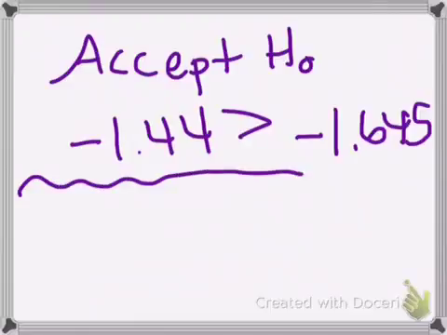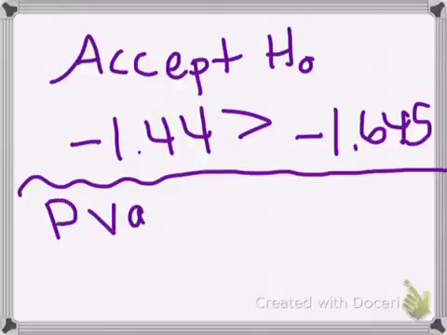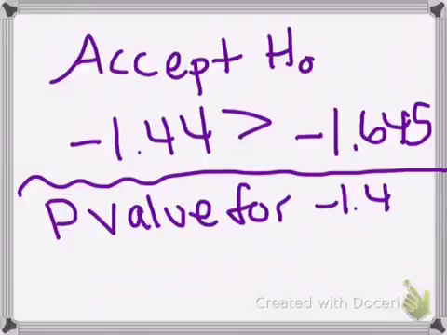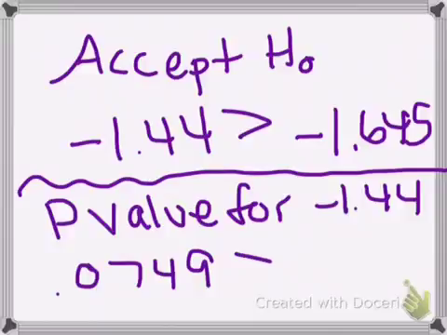Now, if you wanted to do the p-value method, but you didn't have to, remember, the first one I showed you is the traditional or classical. If you look up the p-value for negative 1.44, since we're doing a left tail test, that's the area to the left of negative 1.44, and you would find that area is 0.0749, which is greater than our alpha level of 0.05.